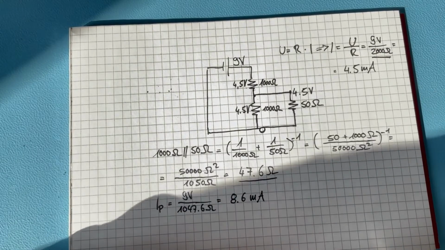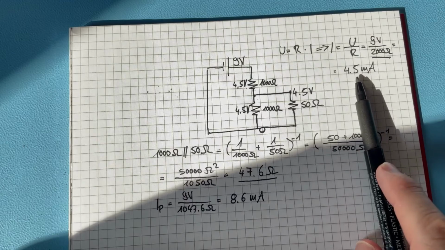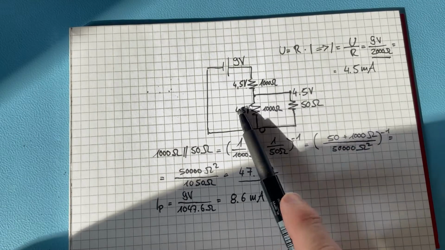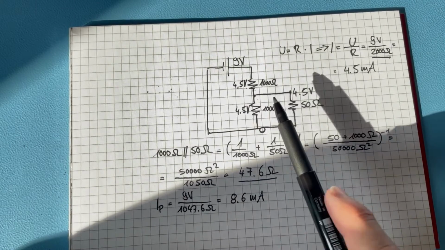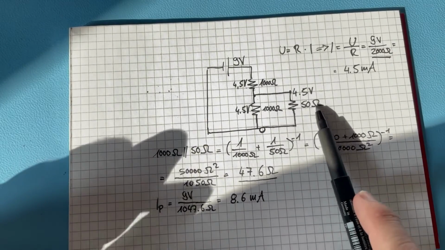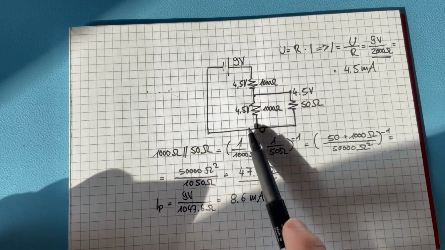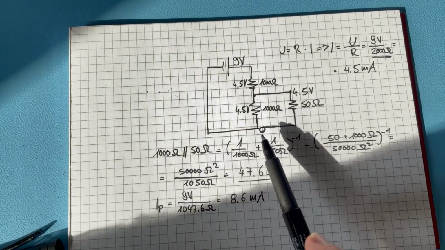And you see the current has gone higher. Before we had 4.5 milliampere when there were two 1K resistors in series. Now that we have this load in parallel, which we want to drive, all of a sudden there is a different current going through here.